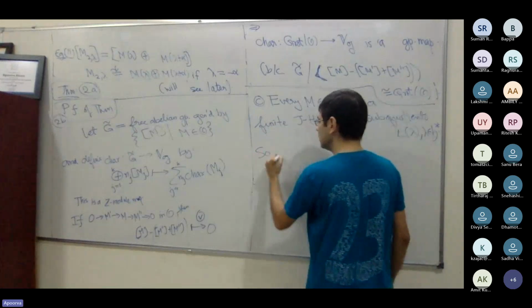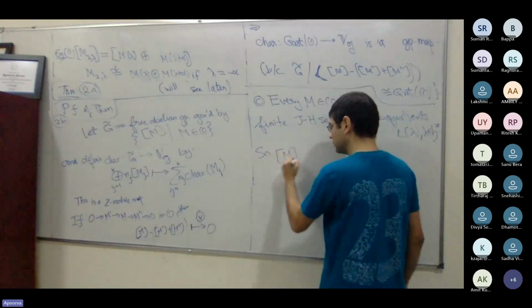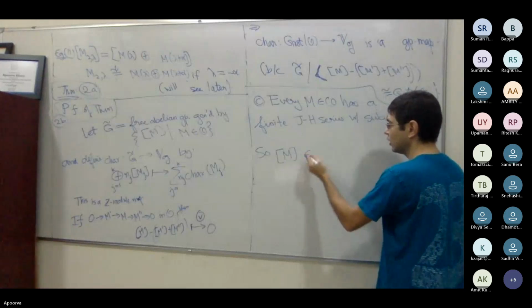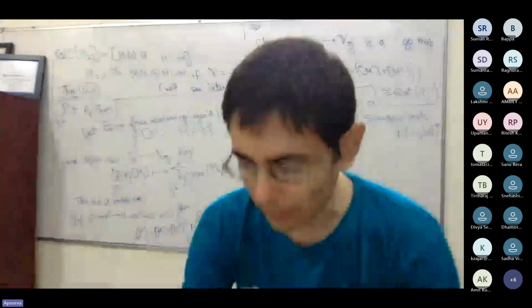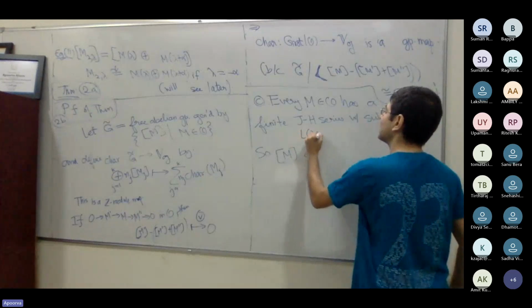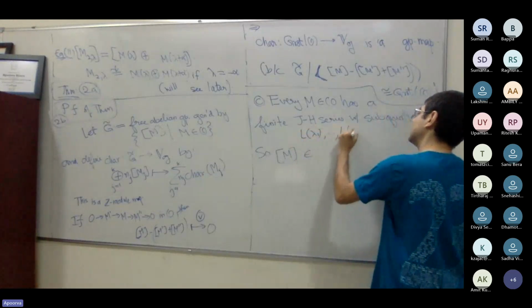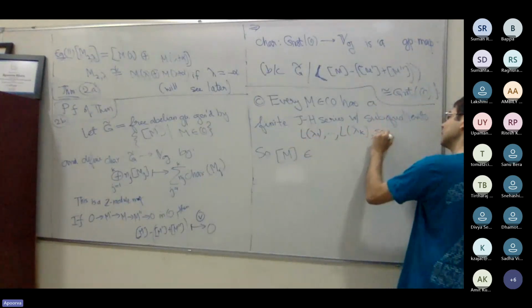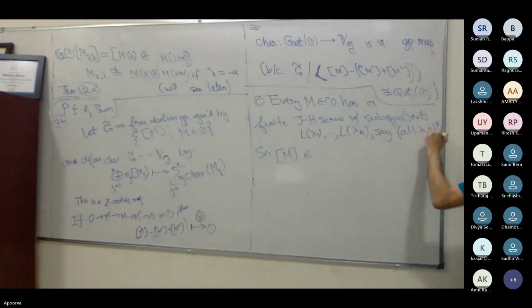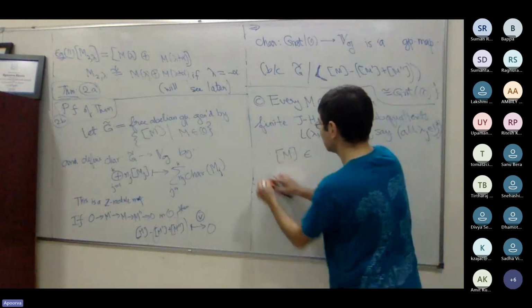So what does this mean? The isoclass of M is in, or well, maybe I will number these, with some quotients L lambda 1, through L lambda K, say, all lambda J in H star. Then what do we know?